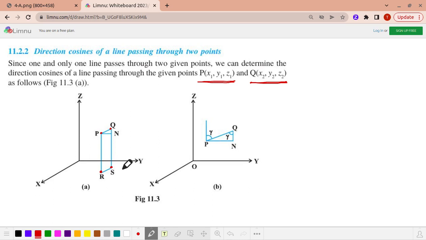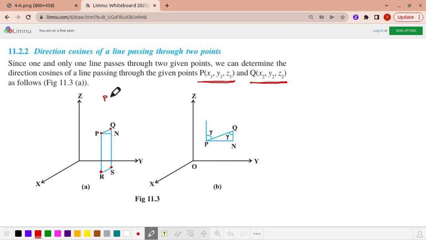Then obviously PQ and RS are the same length. After that we draw a perpendicular from point P to the line QS. That means N is the foot of the perpendicular drawn from point P to the line QS. That is, PN is perpendicular to QS.